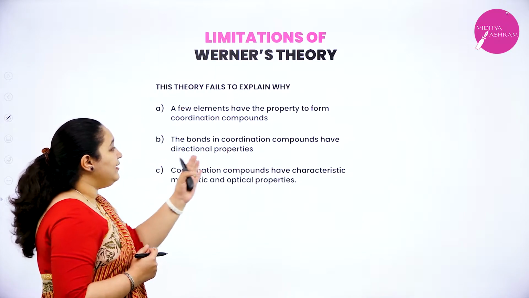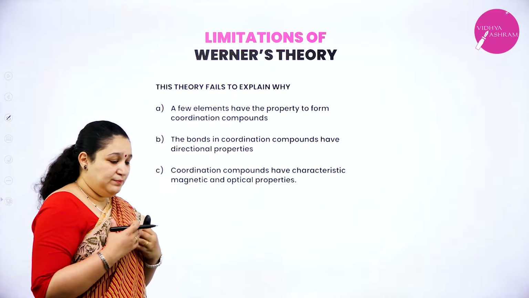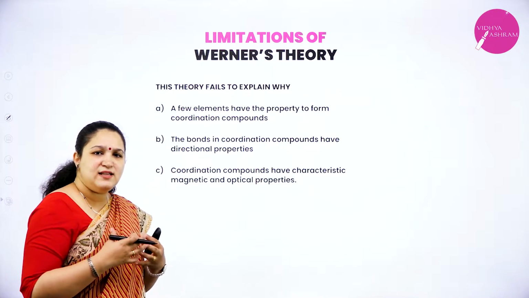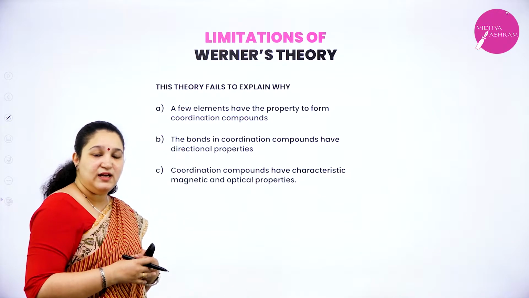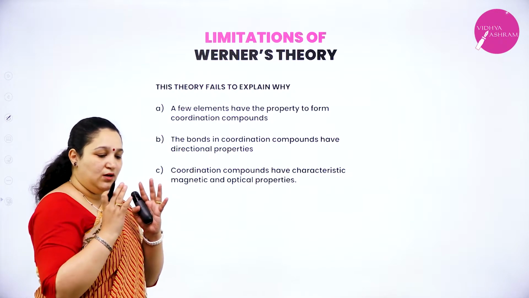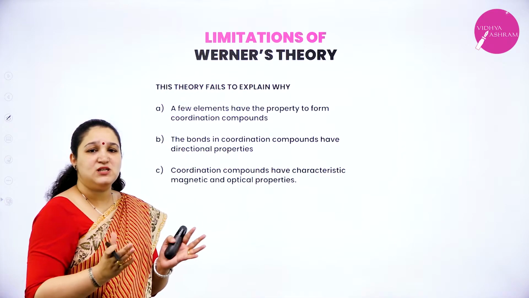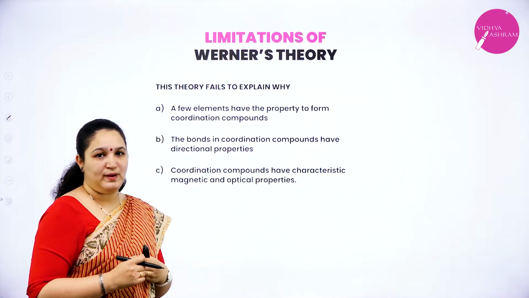Also, the bonds in coordination compounds have directional properties, that is, the secondary valency is satisfied by the ligands, and the ligands have a particular spatial arrangement, isn't it? That is why they are directional in nature. They have a particular exact arrangement which is giving rise to geometry for a particular complex.